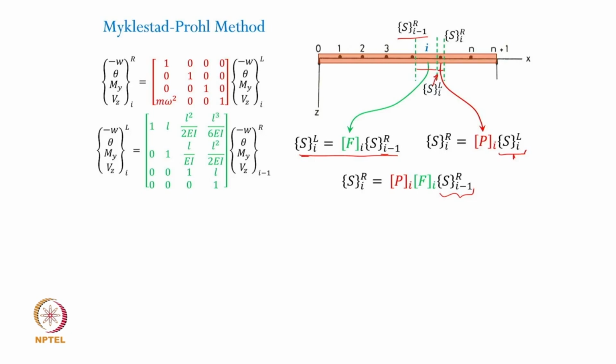In the context of both the Holzer method and the transfer matrix method, the Myklestad-Prohl method, it is extremely important to understand that the sequence of these matrices is important. You cannot flip the two matrices.